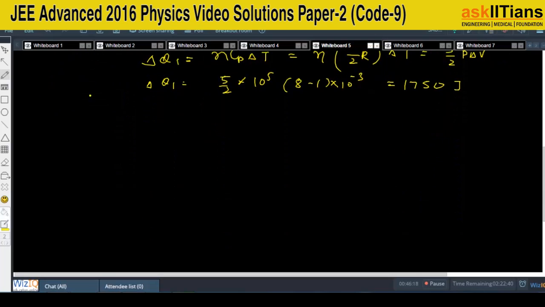Now we are going to calculate dQ, heat supplied, at constant volume. According to the first law of thermodynamics, delta Q is equal to delta U plus P delta V. At constant volume, work done is 0.